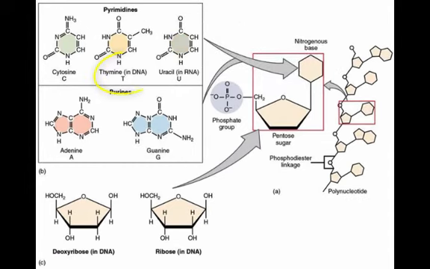Thymine will only be found on DNA molecules, and uracil will only be found on RNA molecules.